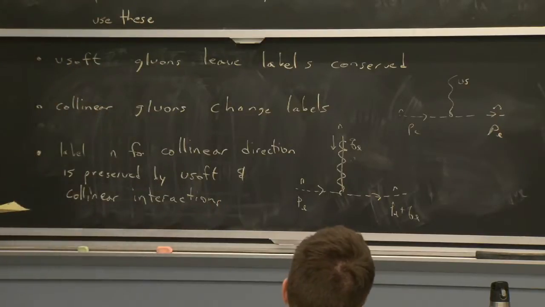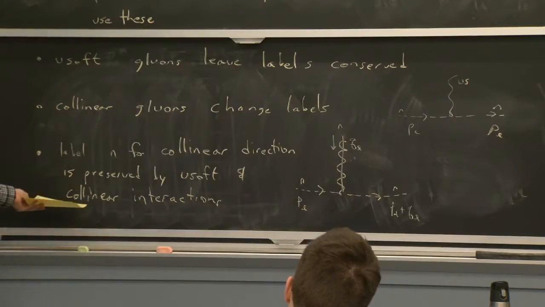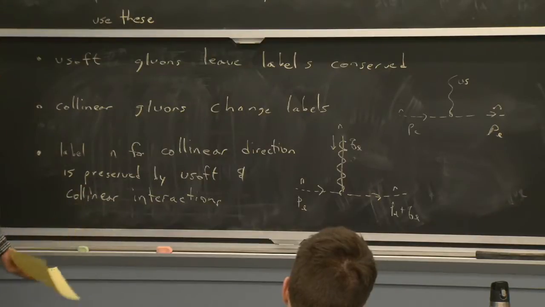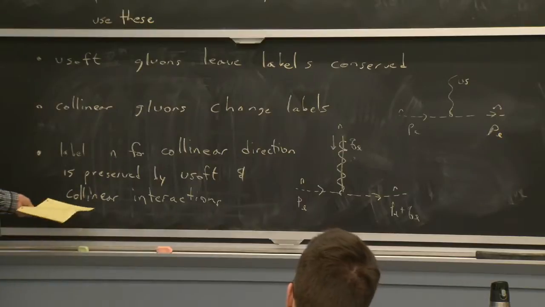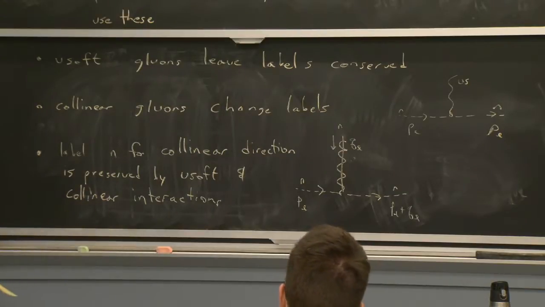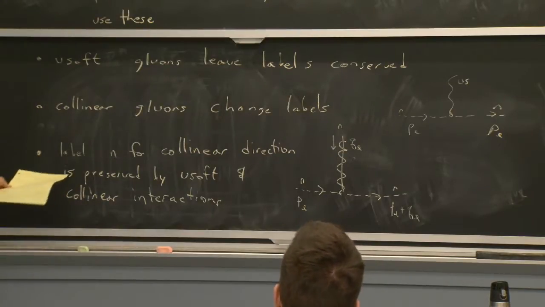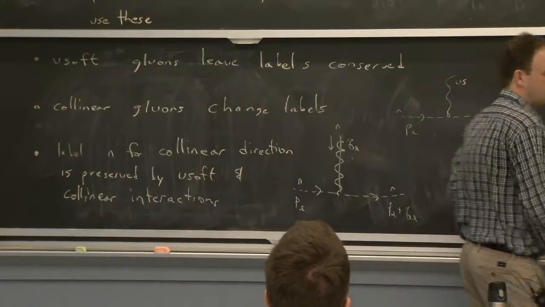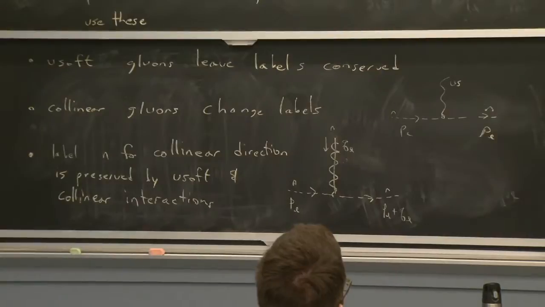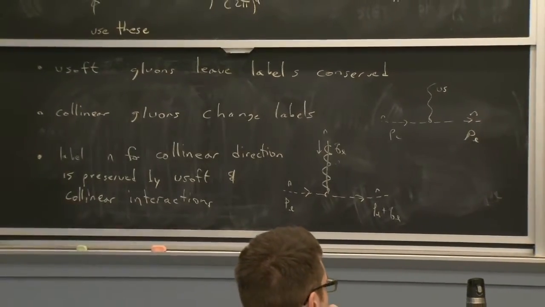It can only be changed by hard interactions, where you would have some hard production that could produce, say, two guys in two different directions. And those type of interactions are typically only going to occur once in your quantum field theory, kind of like a decay, a weak decay, where it occurs once and then you do perturbation theory around that. Hard interactions are that way too. So as far as dynamics is concerned, this label n is something that you can think of as being conserved for the fields. It's not going to be changed by the Lagrangian, for example.